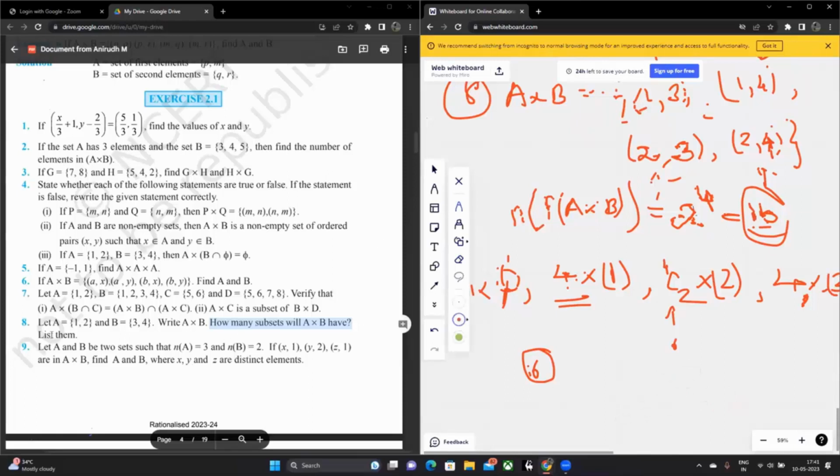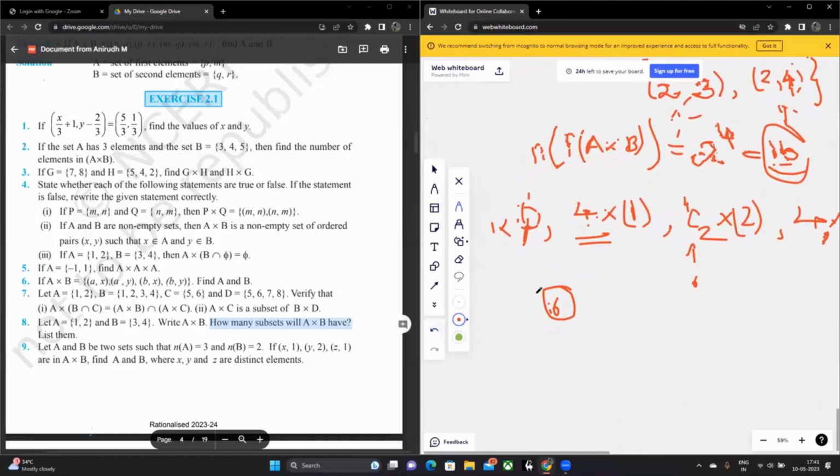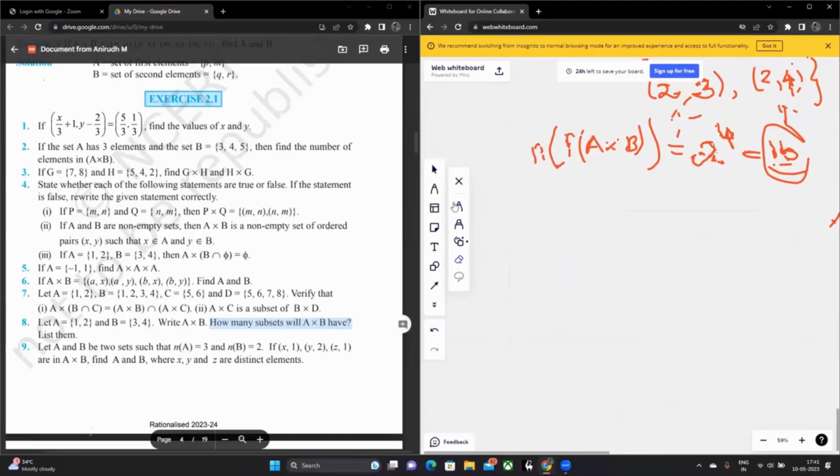So that deals with that. And you have to list the subsets of A cross B. So the power set of A cross B is basically going to be the set of sets, the null set, that's 1.